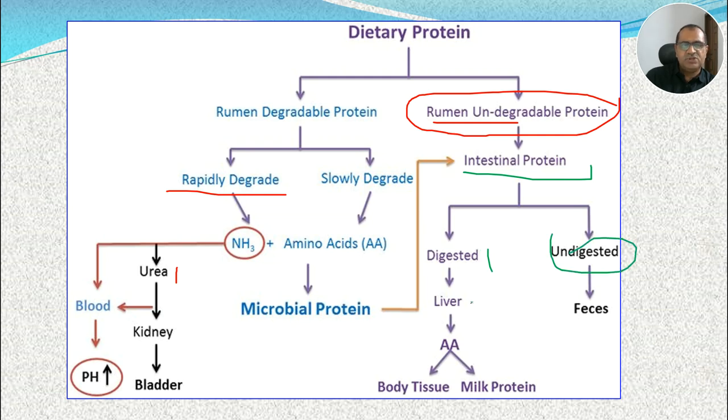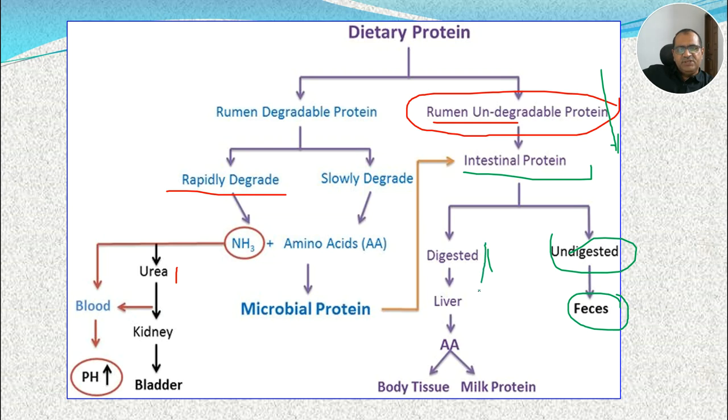There are two types. They are not bypassing the rumen directly; they become the substrate of the rumen. Some are digested, some are not. The undigested part of the proteins is excreted in the feces and is not utilized by the ruminant. Hence, it is totally a waste.